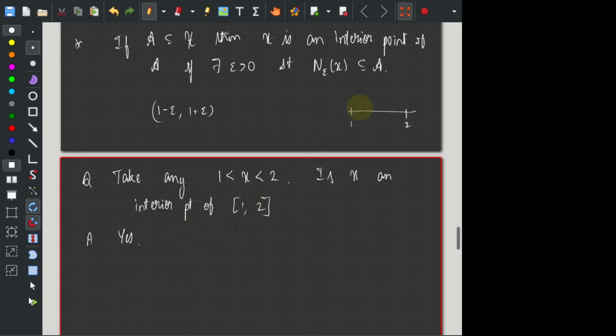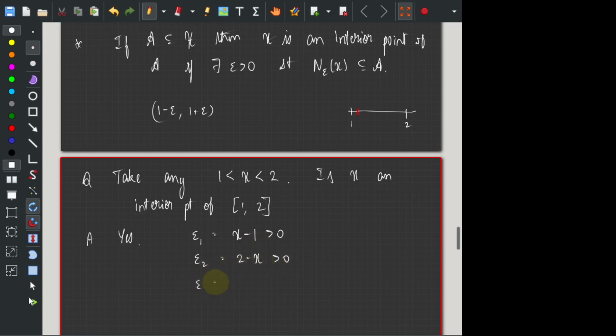Again, the intuition is that if I take any point which is strictly greater than 1 but less than 2, then there's always room on the left and always room on the right. Let's find out how much room I have on each side. Let epsilon 1 be x minus 1, which is strictly greater than 0. Let epsilon 2, the room on the right-hand side, be 2 minus x, which is also strictly greater than 0.